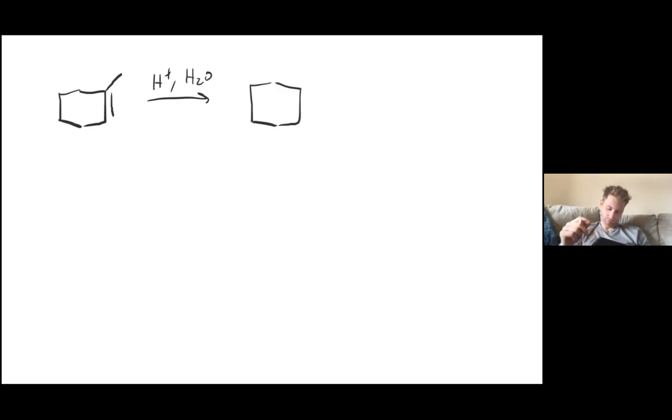One of them is going to give us the anti product. So let's do this molecule here. If we were to add an H plus and water here, this would allow us to generate an alcohol.